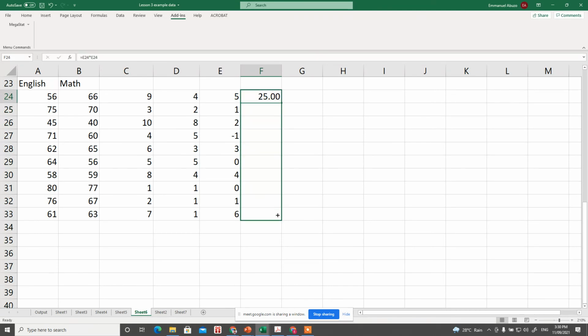After squaring the difference, let's get the sum. Okay, so the sum is 93.